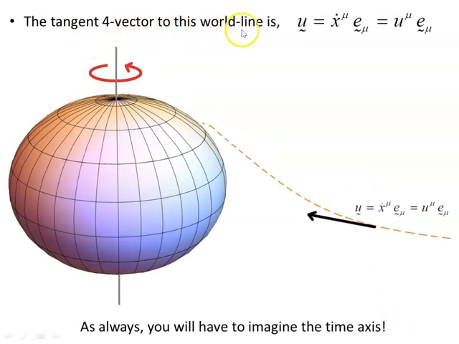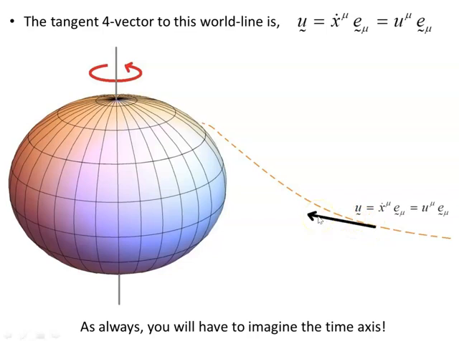The tangent four-vector to this world line is u equals x dot mu e mu, expanding it out in the basis. I can't show, obviously, on this diagram the time axis, but it's only a visual image. What's happening is that in space-time, this four-vector u is parallel transported along this curve.